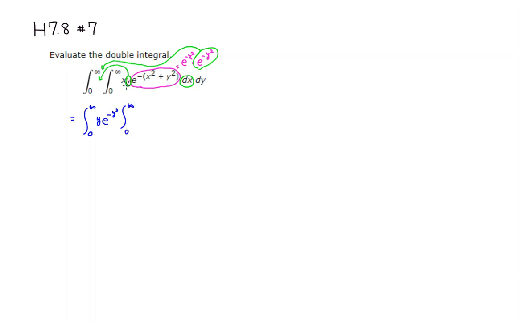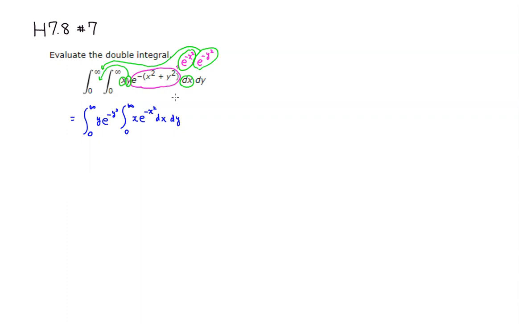What's left is x, and then e to the negative x squared. So we took care of everyone: x is handled, y is kicked out, e to the negative y squared is kicked out. So you have dx dy.